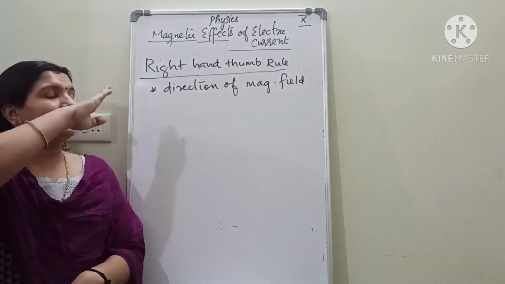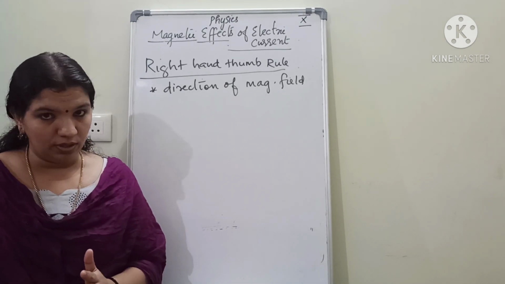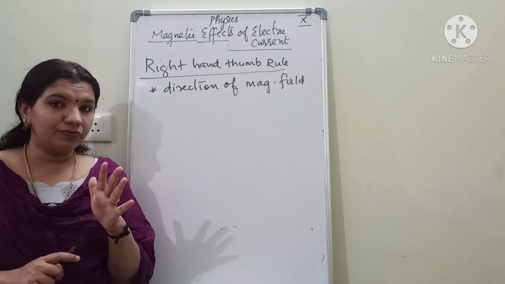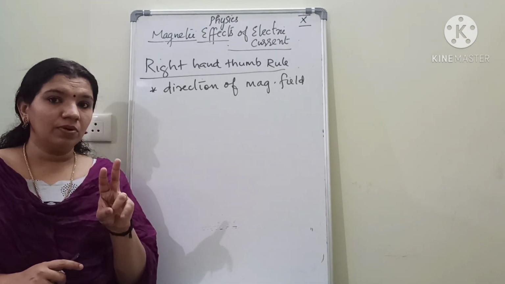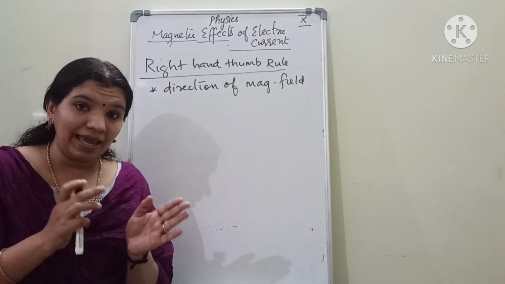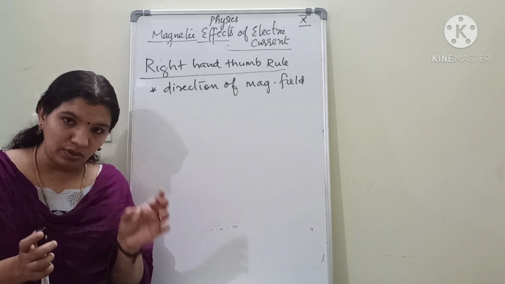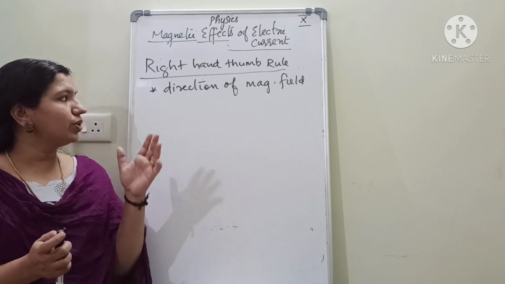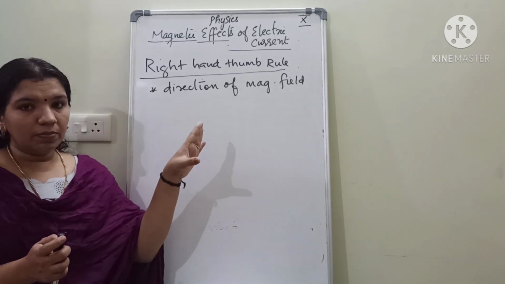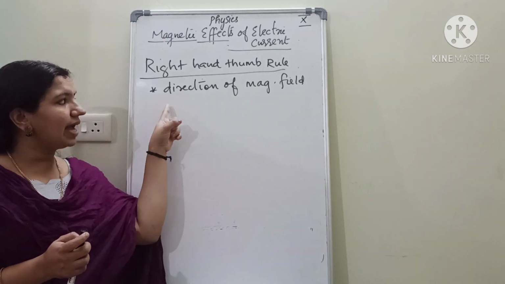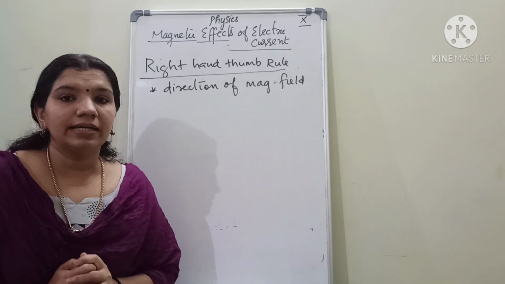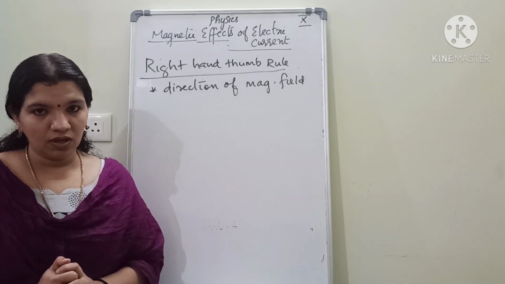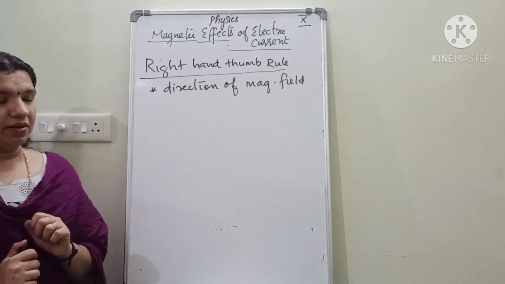What is the name? It is the right hand thumb rule. Okay, don't get confused. In the question, normally students make mistakes like name and state. First you have to name the rule, then you have to give the statement. Statement I will give you now. So, the right hand thumb rule is used to describe the direction of magnetic field. Okay, now I will say the statement.